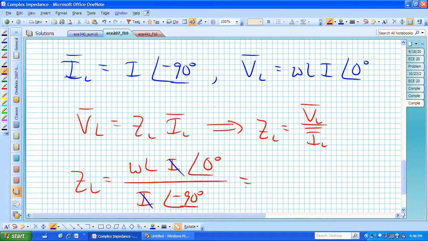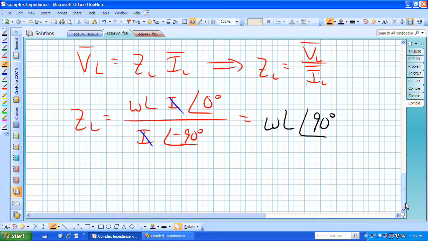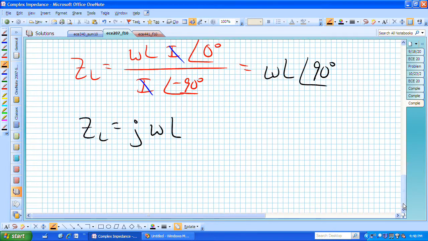The angles subtract when they are in this division relationship, and we end up with the impedance of the inductor under sinusoidal steady state conditions is omega L at 0 minus a minus 90, or omega L at 90 degrees, or in the more conventionally expressed form, that's J omega L for the impedance of the inductor.